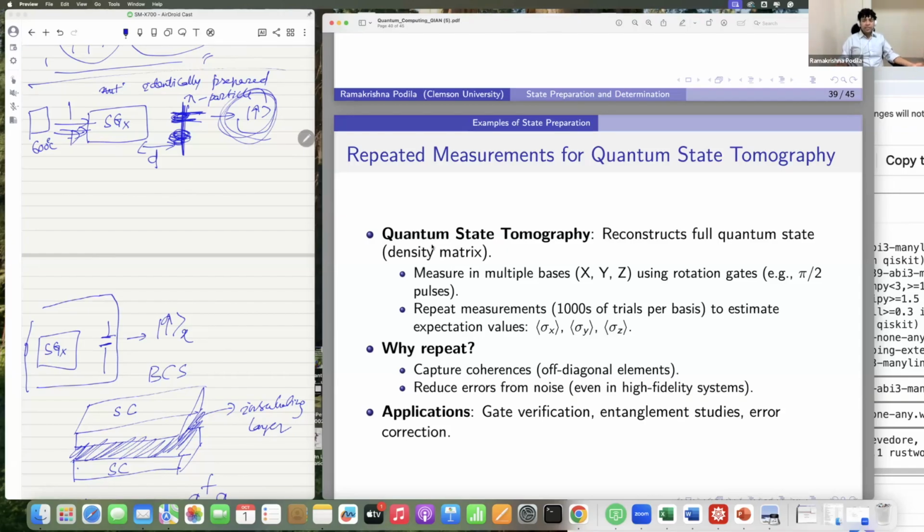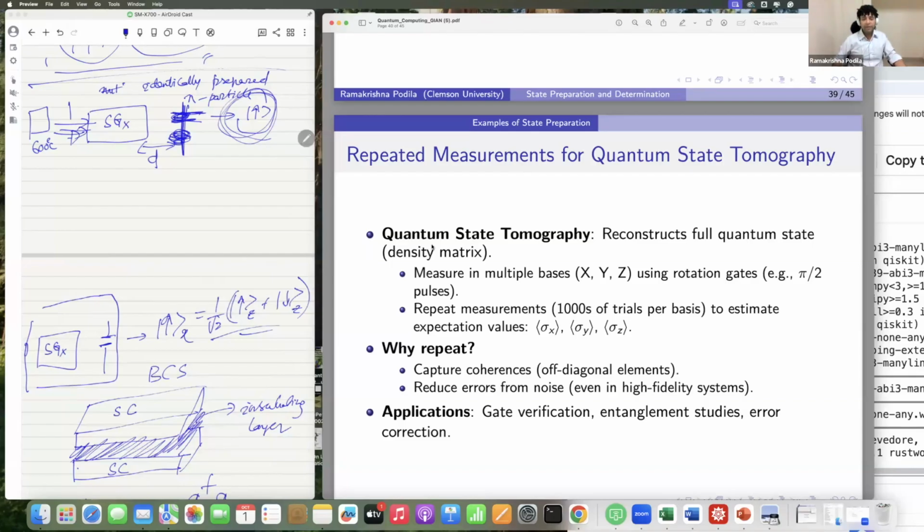So this state preparation technique is only initializing. I only know that the initial state is spin up along X, but I do not know other things. I do not know whether it is spin up along Y or spin down along Y, or spin up along Z or spin down along Z. This is still a superposition in the sense of spin up along Z plus spin down along Z. I don't have information about that.